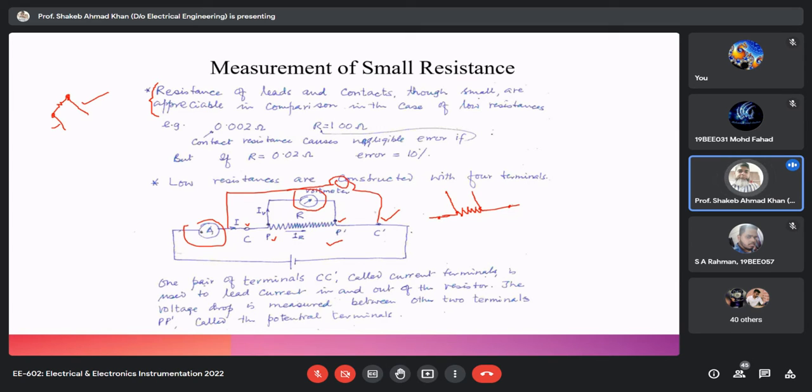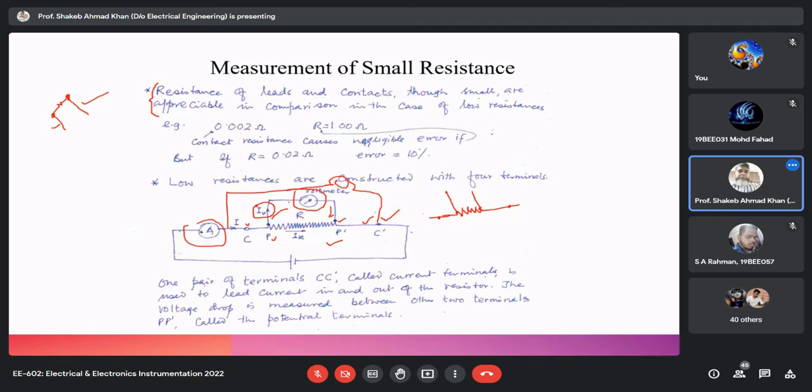Whatever voltage drop takes place in those leads would be counted here. But as far as this lead is concerned, your voltmeter has very high internal resistance, so the current drawn is very small. This IV will be very small, so the lead drop will be negligibly small. That's the concept.